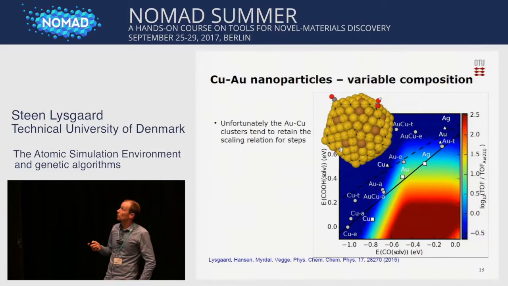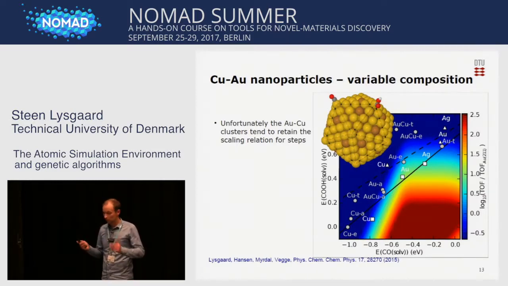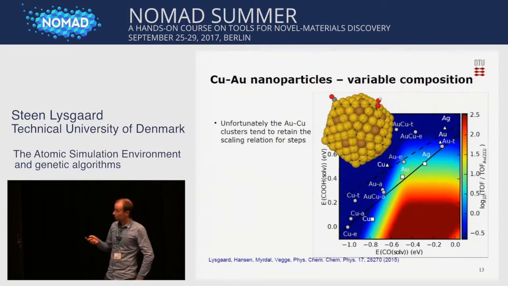So we tried this. The whole reason for doing this study was to see if we could break the scaling relation between COH and CO using such a particle. We heard about yesterday this activity volcano for catalytic reaction, where you can define the activity by two descriptors, which is the CO binding energy and the COH.